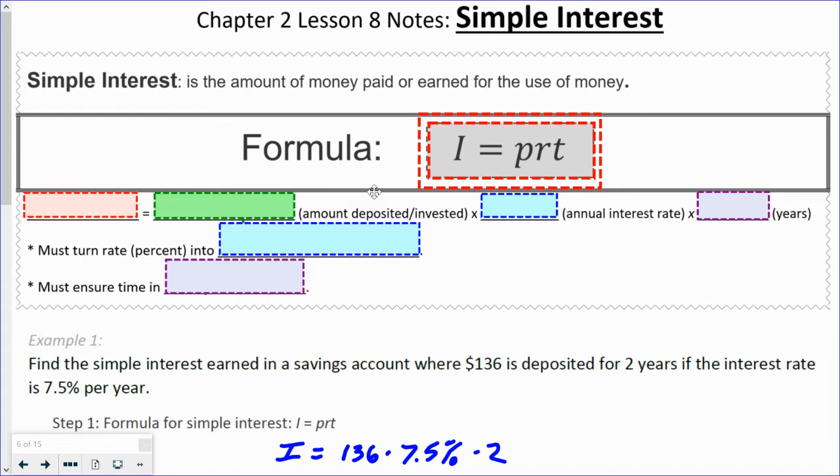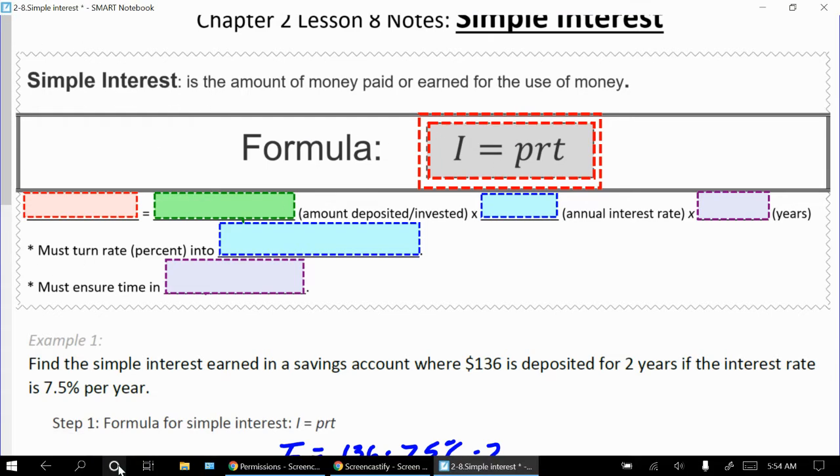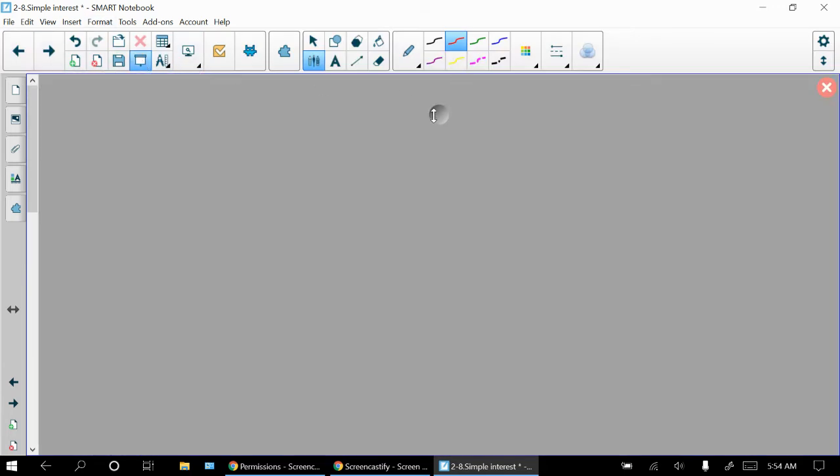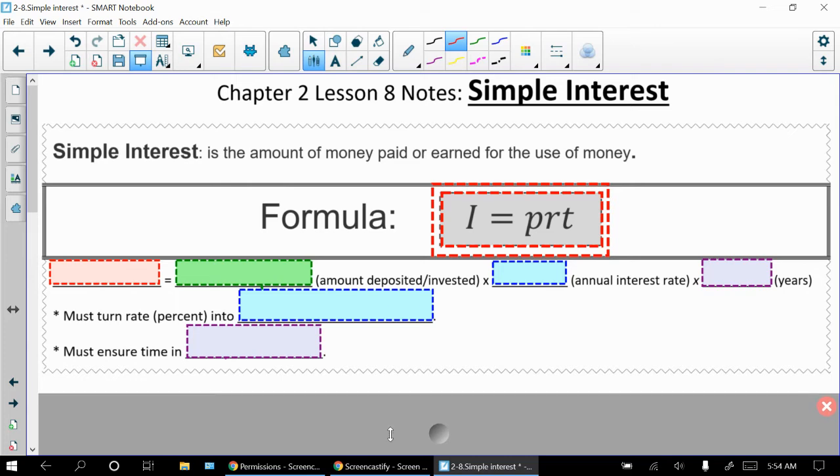All right, so let's review what interest is. Interest is equal to the principal, which is the amount deposited or invested or borrowed, times the rate, which is the annual interest rate, and time in years.